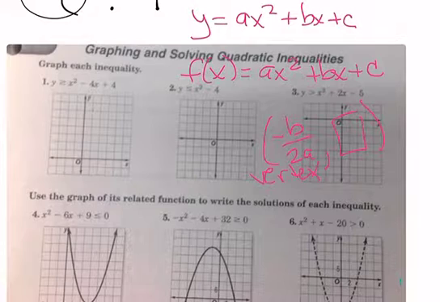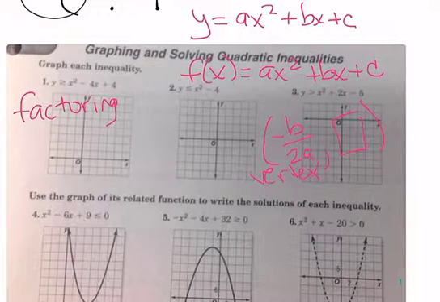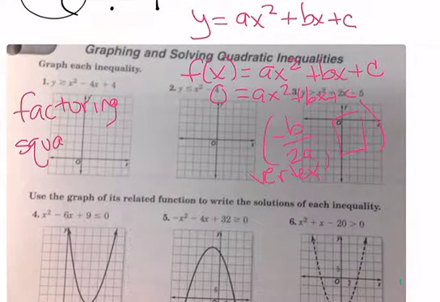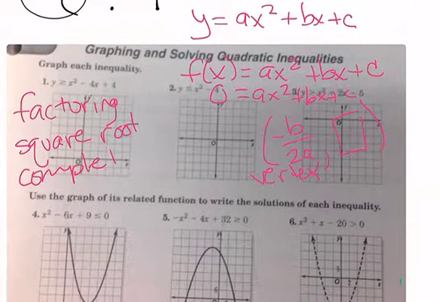So we know algebraically we solve it when we look for the x-intercepts. Algebraically, we might be using something like factoring, and when that happens, we usually have it set equal to 0. We could be using the square root method or complete the square, or possibly even the quadratic formula.